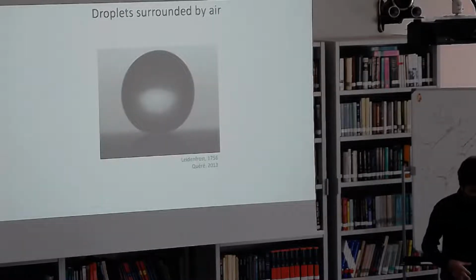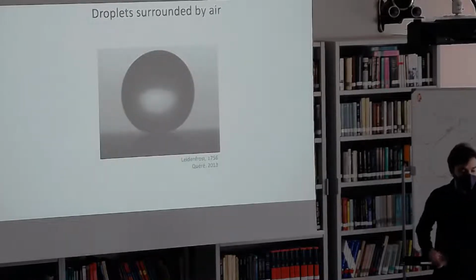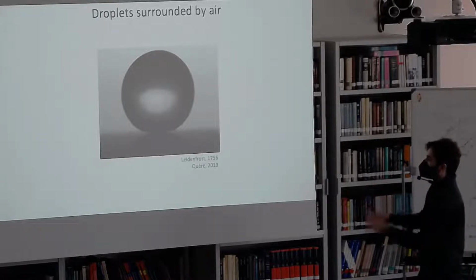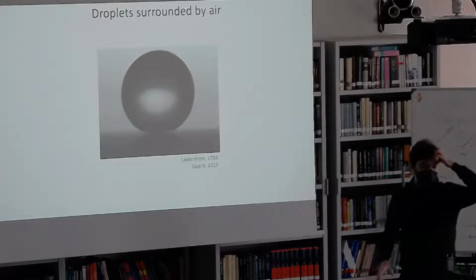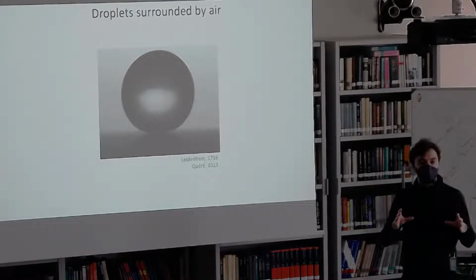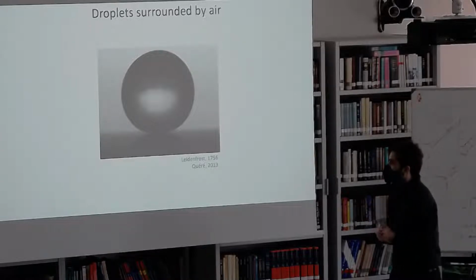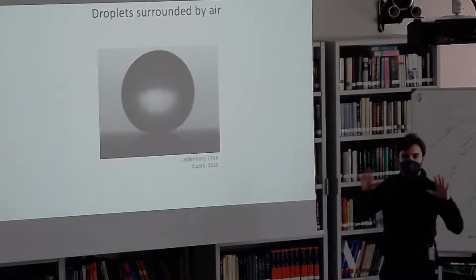And the first example that I could mention of droplets surrounded by air is this kind of situation here, described by Leidenfrost in the middle of the 18th century, where a droplet deposited on a very hot solid, here it's 300 degrees, is fully surrounded by a layer of air.